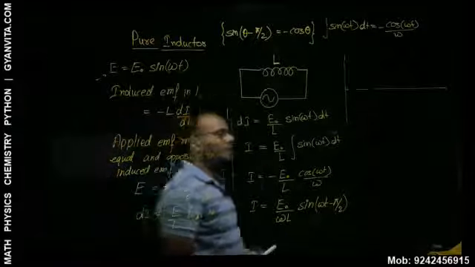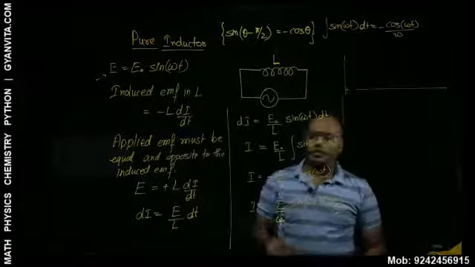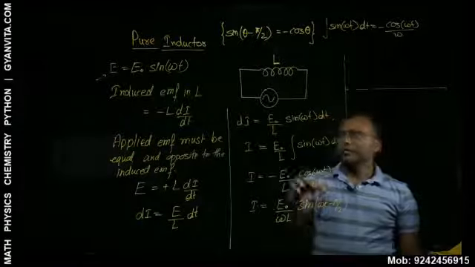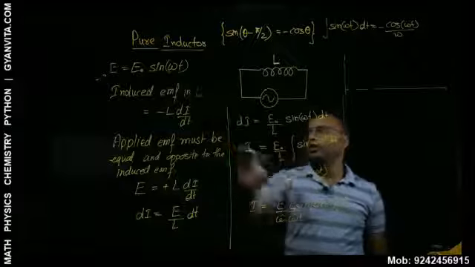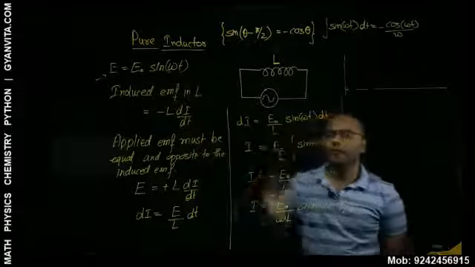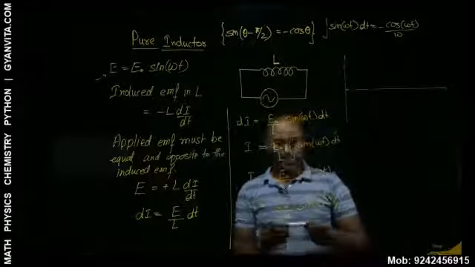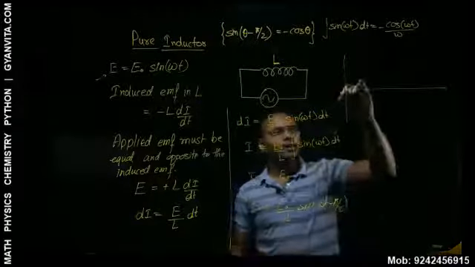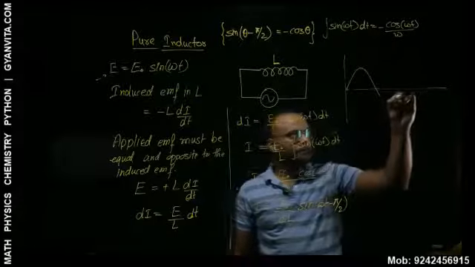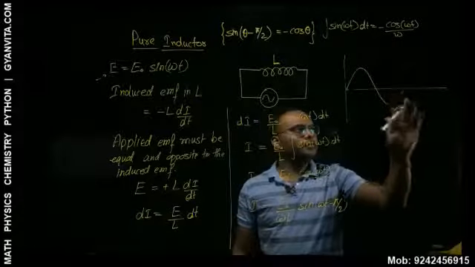And that can be seen in the diagram as well. The current is cos, and EMF is sine. That is the main difference. If we have to draw the diagram, the EMF is the same which we have seen earlier. There is no difference in EMF.